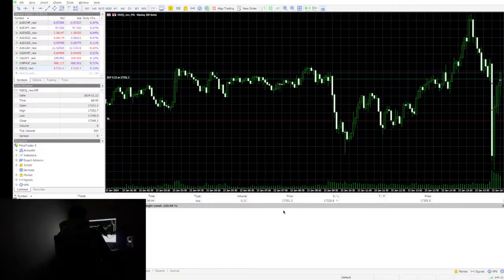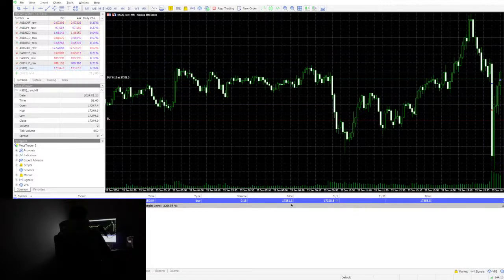So our stop loss is almost 31 points, you can see. So our target I'll be keeping is 1 to 2 minimum, that is 60 points from price, 17410.